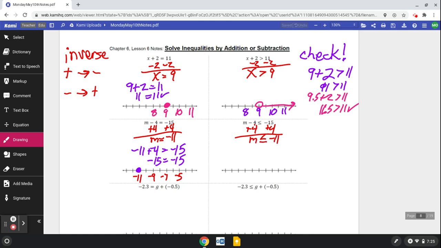So when we checked that one, okay, is negative 11 minus 4 less than or equal to negative 15? Well, negative 15 is less than or equal to negative 15. It does work. See what I mean by it's different when you have this equal?